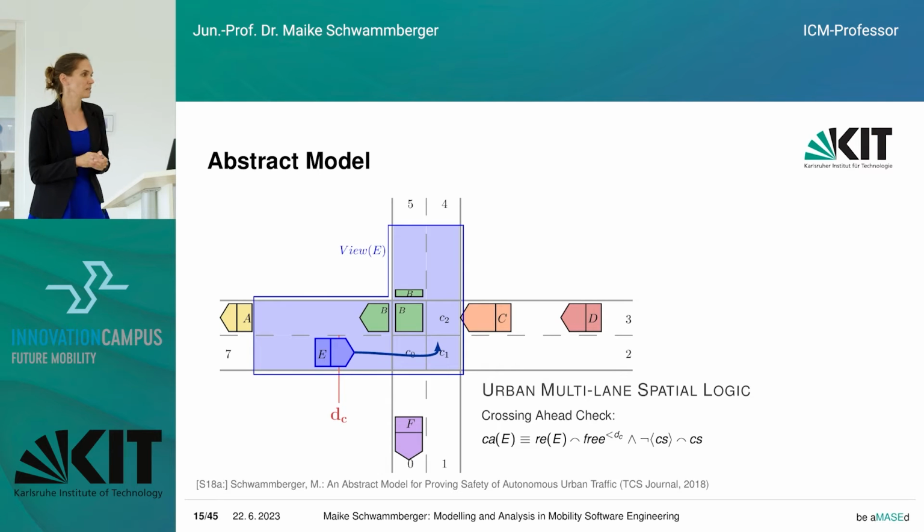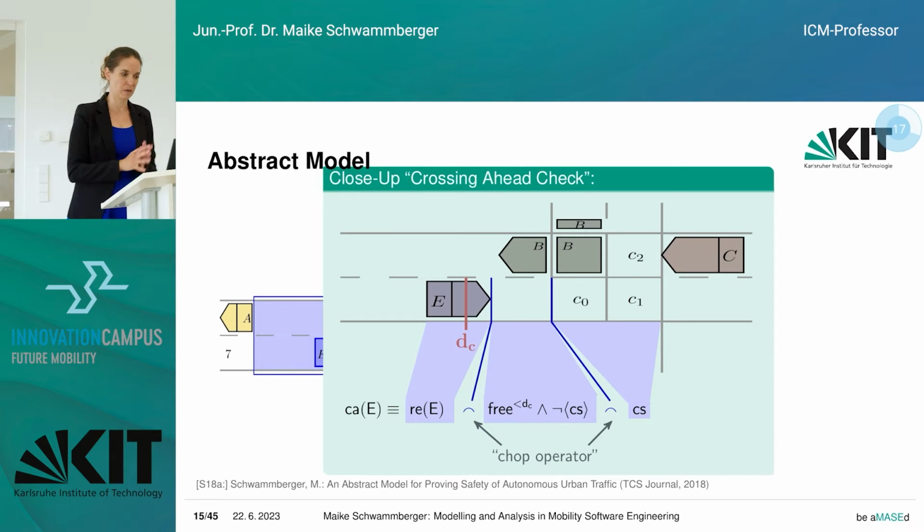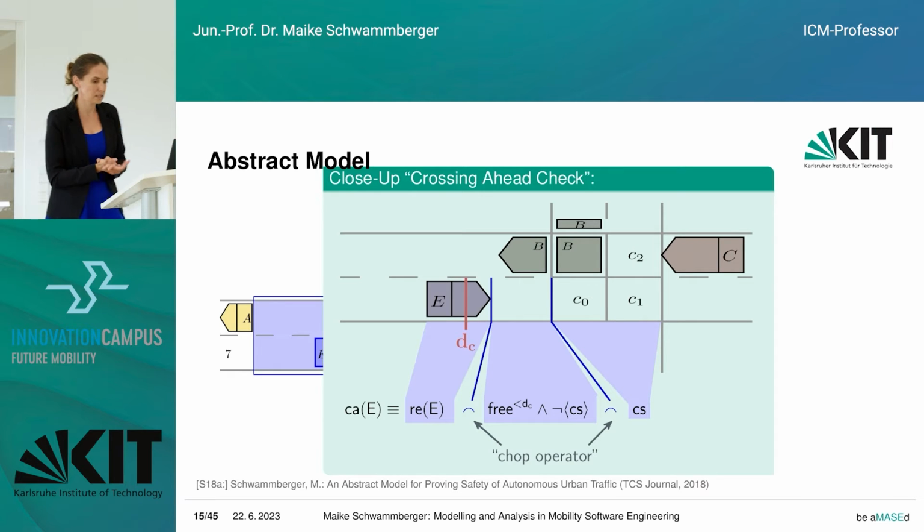So the concept that I developed is the urban multi-lane spatial logic. So it's a spatial logic where you can describe traffic situations with, and if we now zoom a bit into this, so what does this formula mean? We can see it easily here.